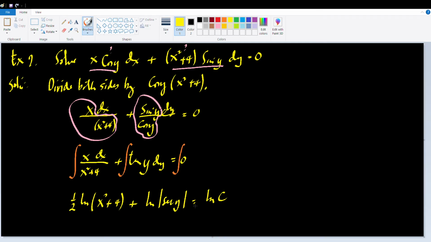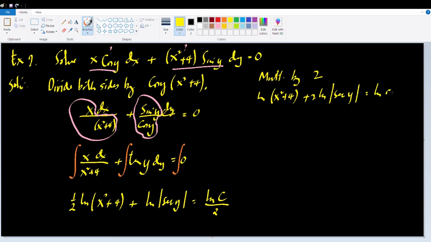And then I can also divide it by 2. It will still be a constant. Why am I doing that? So that when I multiply everything by 2, I'll be getting ln of (x squared plus 4) plus 2 ln of the absolute value of secant y equal to ln of c.